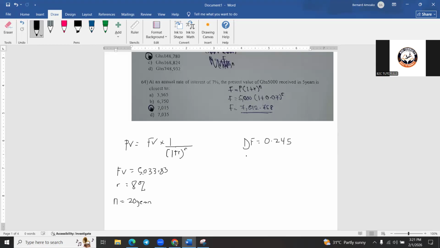And then my future value still remains 5033.83. So I would only multiply the future value by the discount factor to get my final answer.